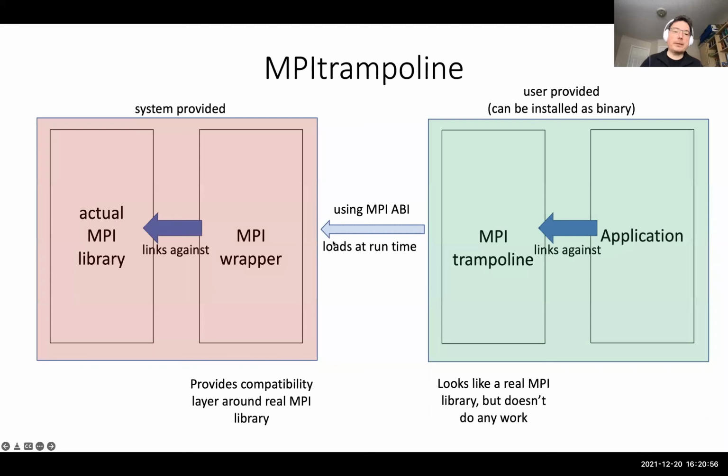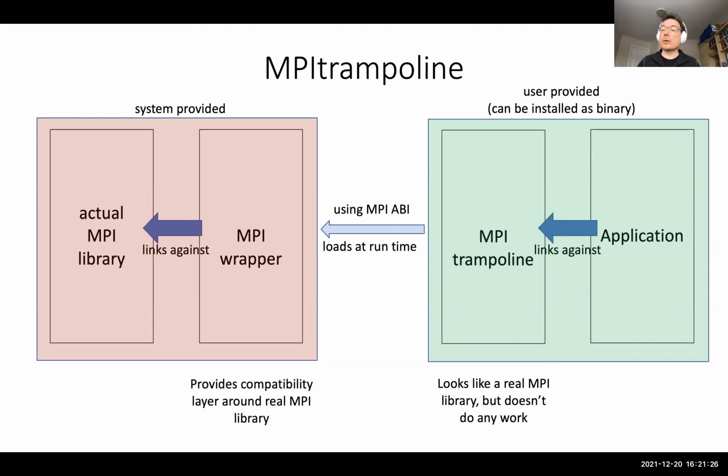And on the HPC system, you have the actual MPI library, or probably 2 or 3, where you would wrap it in an MPI wrapper. It's kind of the counterpart of MPItrampoline. And then at runtime, when you run your application, you use an environment variable, same as what Maxime said before, to point it to a particular MPI wrapper that is then loaded at runtime, and that is then the MPI implementation that is used.